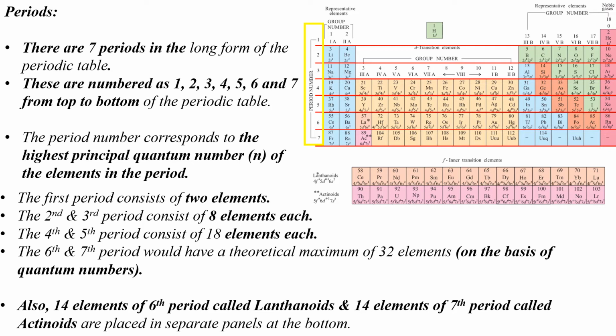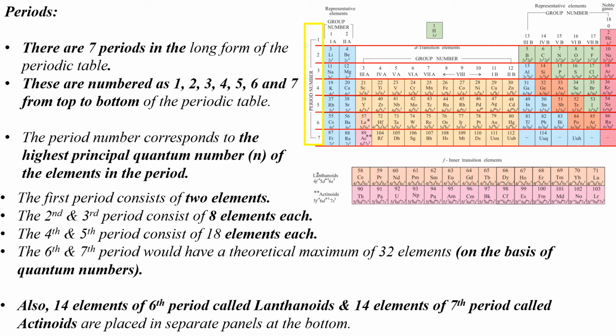Their outermost electronic configuration has the same principal quantum number n, which is 4. Consequently, the period corresponding to these elements are numbered as 4. Clear? So, in general, the period number corresponds to the highest principal quantum number n of the elements in the period.